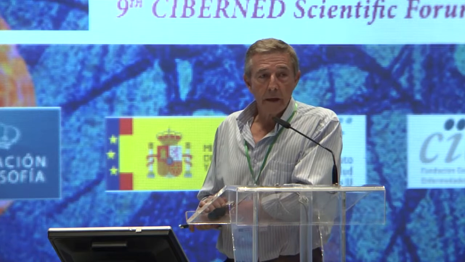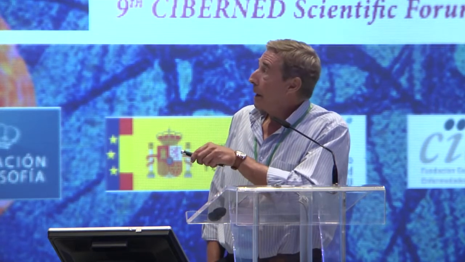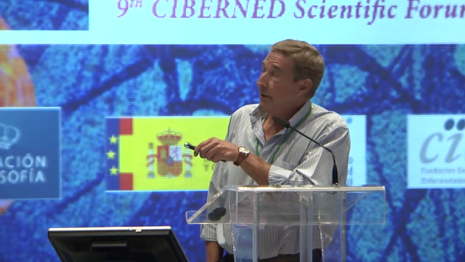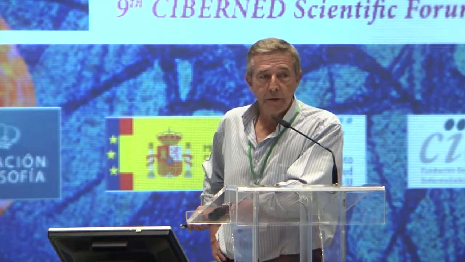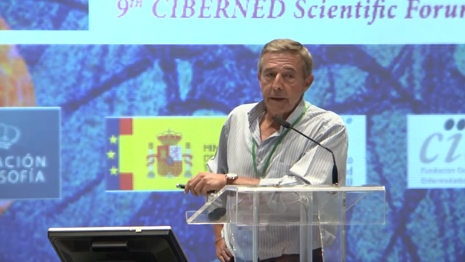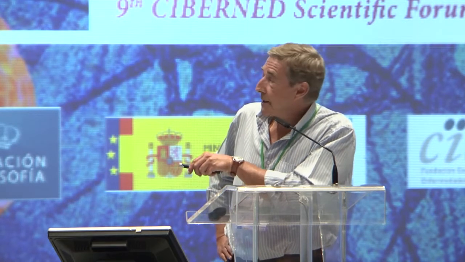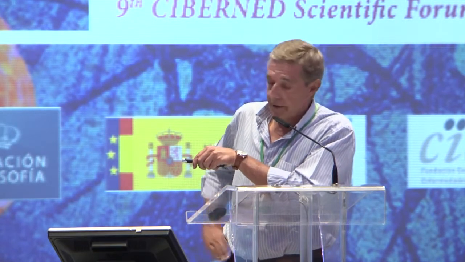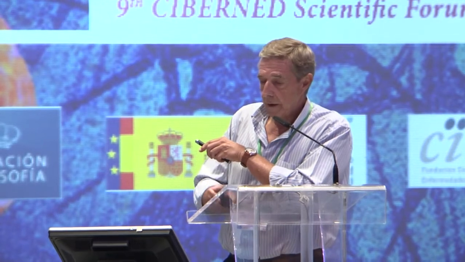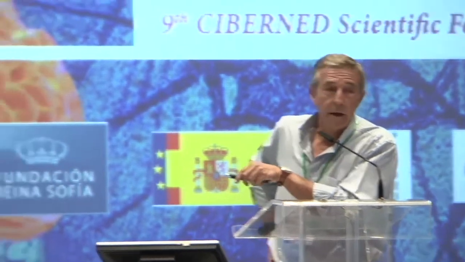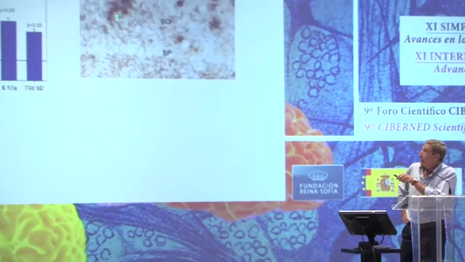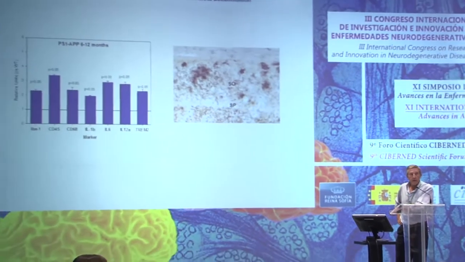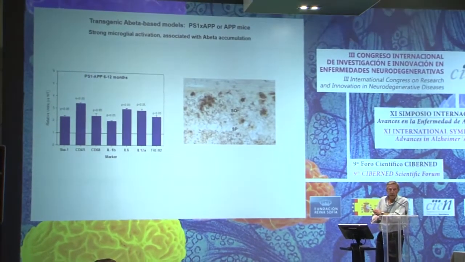And indeed, also in our hands, you can see a very clear response of the microglial cells since the first deposition of A-beta plaques. These microglial cells respond by increasing the expression of many different molecular markers and also changing the morphology surrounding the A-beta plaques in the parenchyma.